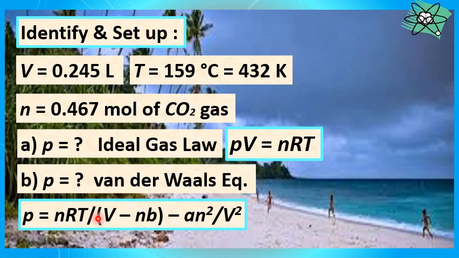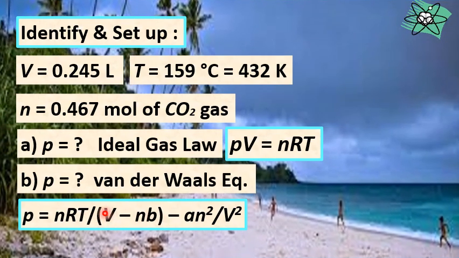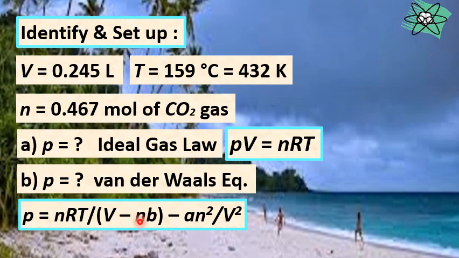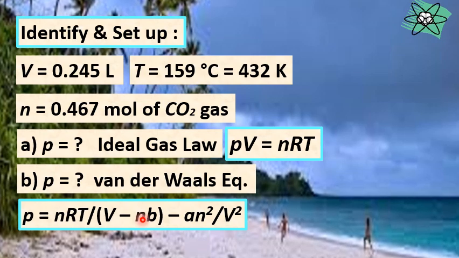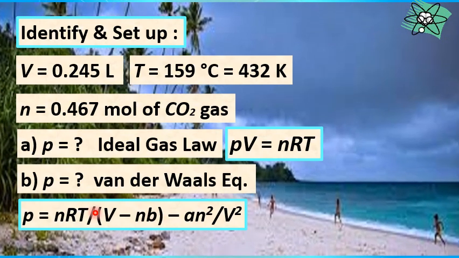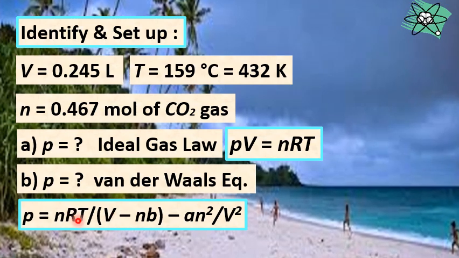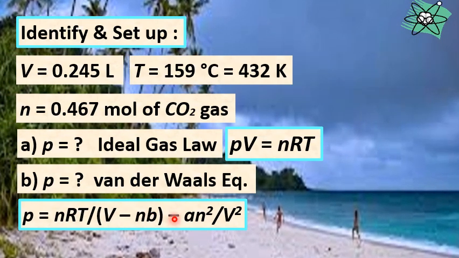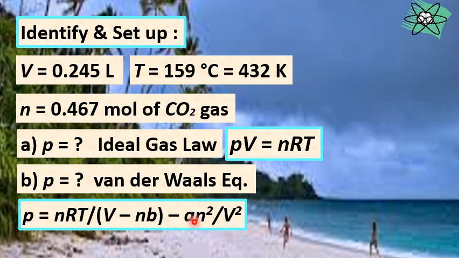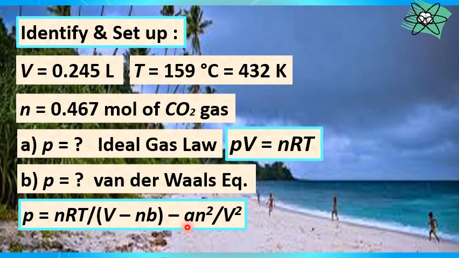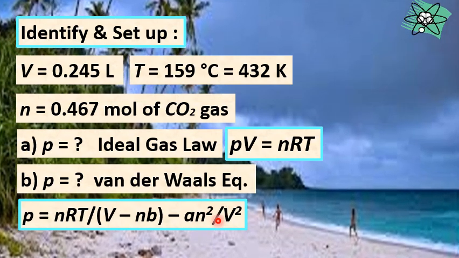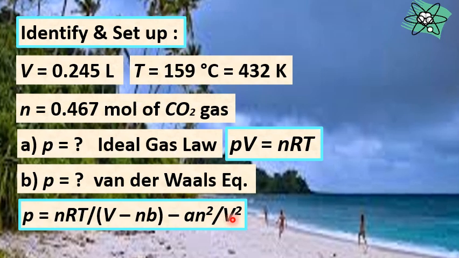Their product is to be divided by the quantity V, which stands for the volume, minus the correction nB, or the product of the number of moles of the gas and the van der Waals constant B. After getting the quotient for this term, we will deduct the ratio of the product of the constant A and the square of the number of moles, or A n squared, divided by the square of the volume.